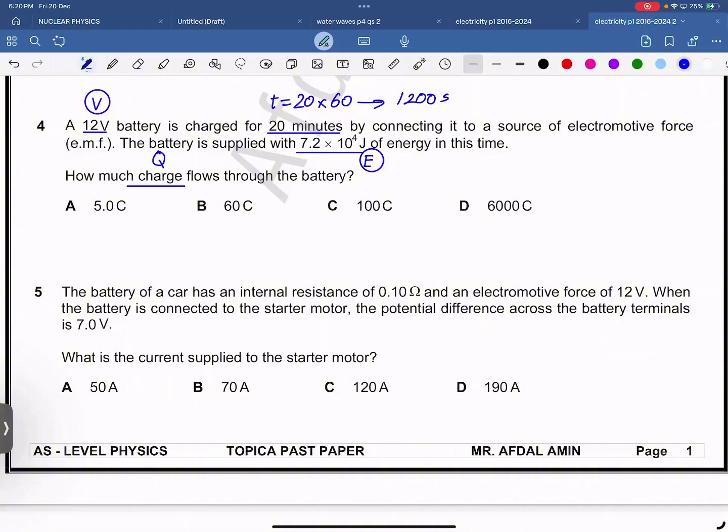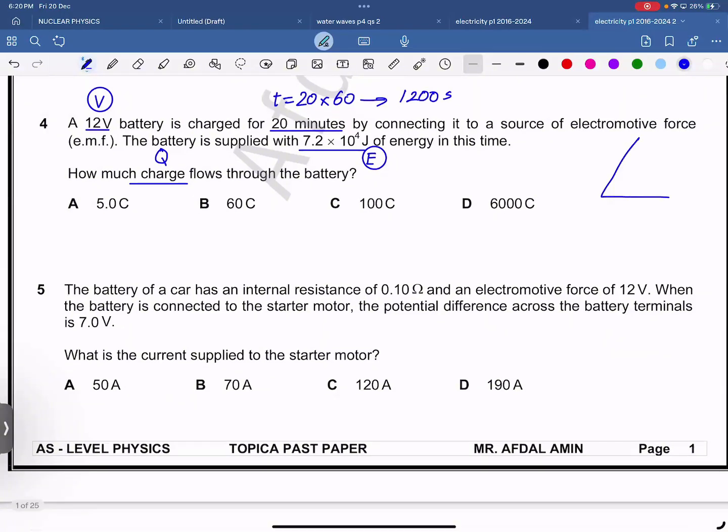You know, my dear students, the EMF or the voltage, both are defined as energy per unit charge, my dear. So charge could be directly found energy over voltage. We don't need the time. Energy is 7.2 10 power 4 over voltage, which is 12, which is 6,000. Option D, my dear students. A good question. Medium order of thinking.